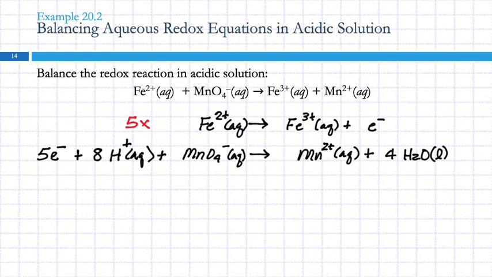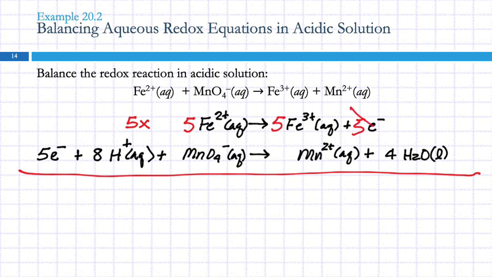Multiply it by 5. Good grief, what's wrong with me? This becomes 5, 5, and 5. And then add them together. The electrons cancel out. And we write down what's left.